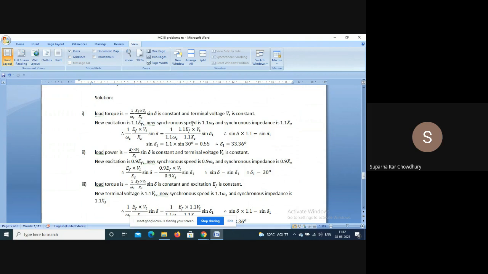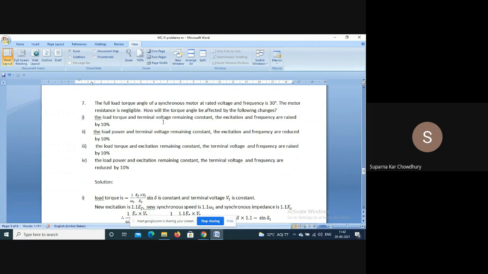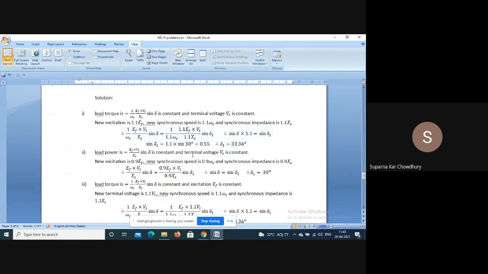And the frequency is increased. If frequency is increased, then the speed will increase. So 1.1 omega s. So correspondingly, as frequency is increased, this synchronous reactance value also will increase. But that torque is constant.